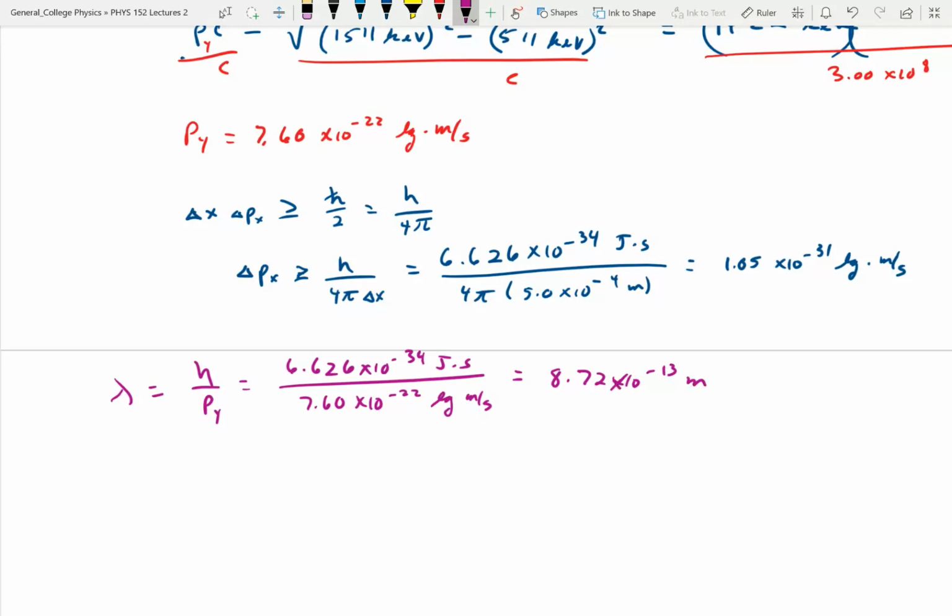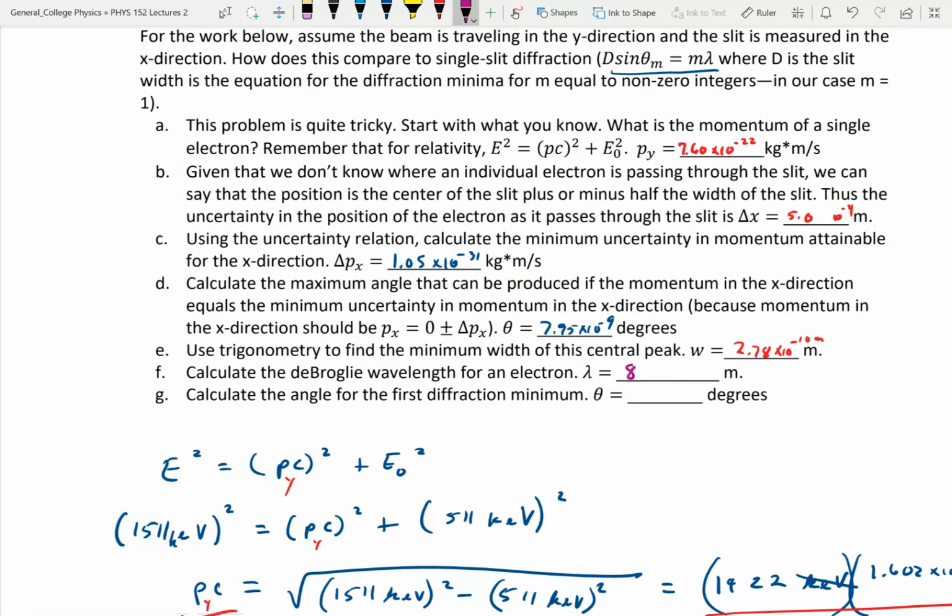That's a pretty short wavelength. This would work well for Compton scattering.